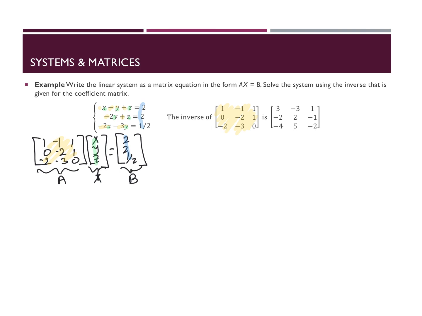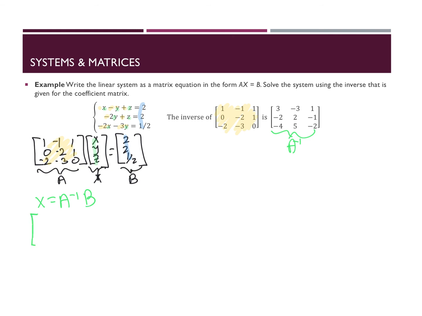It should. So what we're saying here is that the inverse of our coefficient matrix is the following matrix. So this is already the inverse of matrix A. So all we have to do now is x equals A inverse B. That's it, because we already have the inverse found for us.